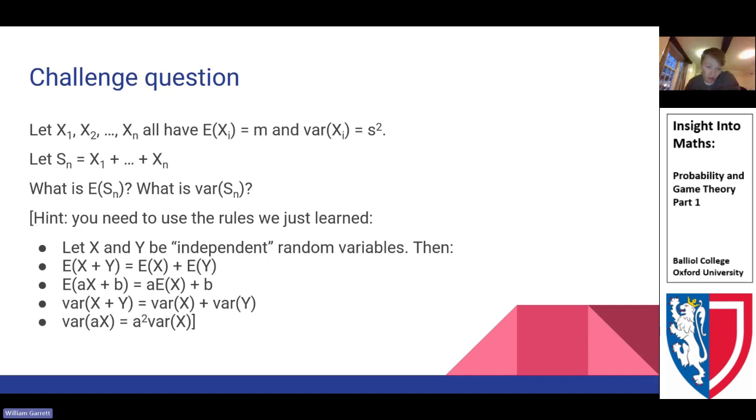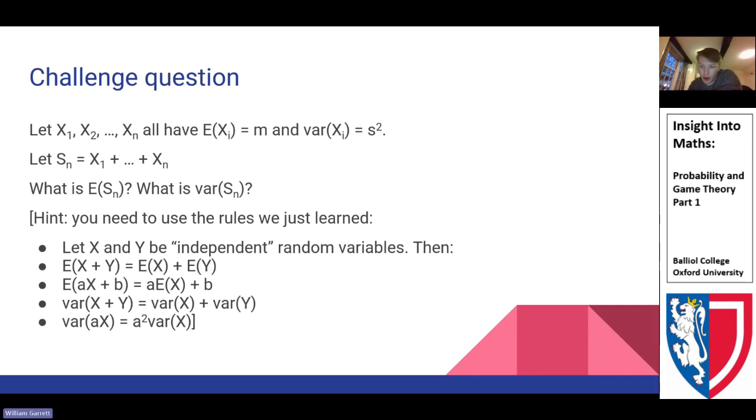They all have the same average, so the expected value of each of the xi's is just m. For roulette, this m is -1/37. And we're going to assume that they have the same variance as well. We haven't calculated the variance of roulette, but it's about 2. So in this case, S is going to be √2 approximately.